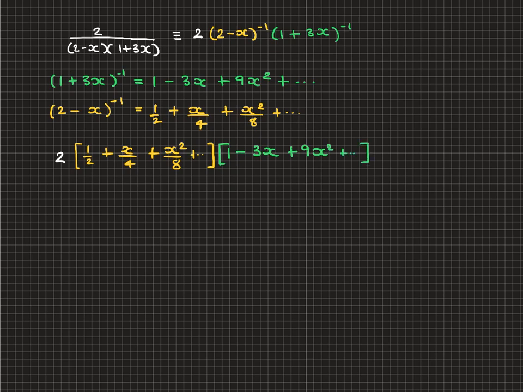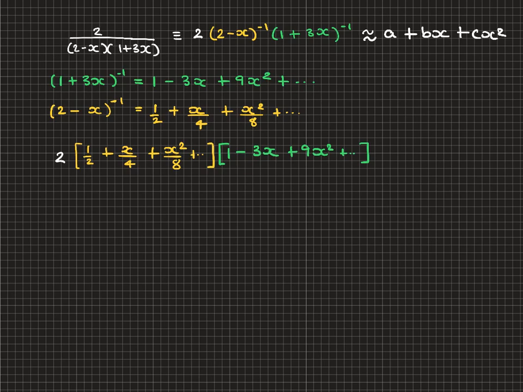So let's do this expansion. Now remember, we wanted to write the original expression as a plus bx plus cx squared, which means I can ignore any terms which are of a power of x higher than x squared.